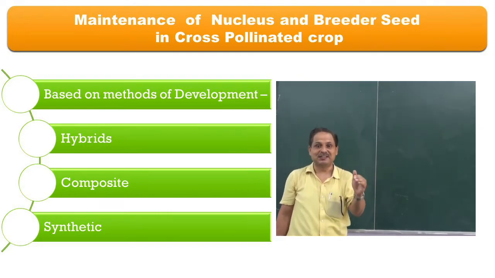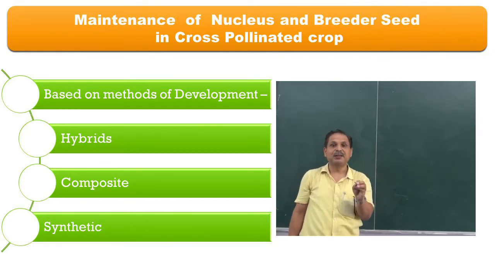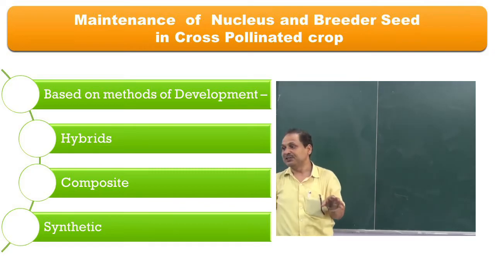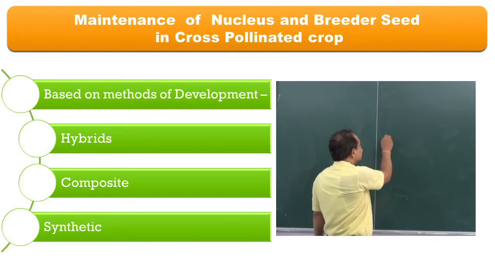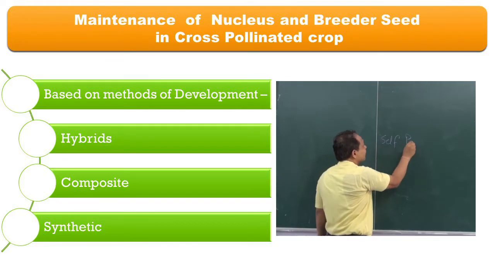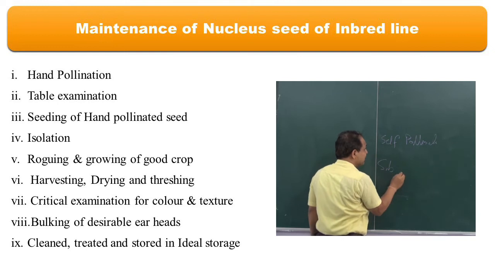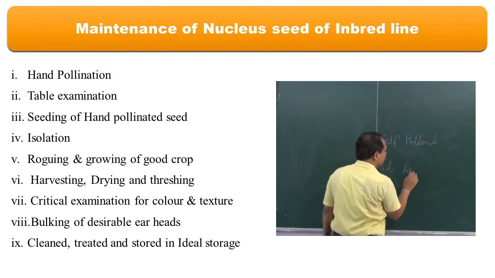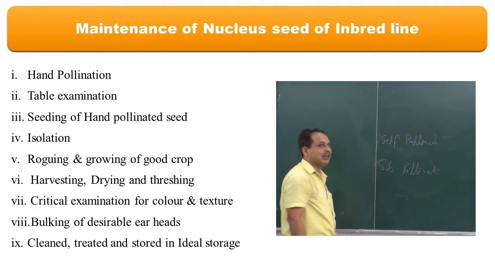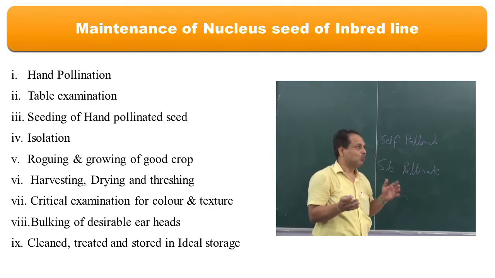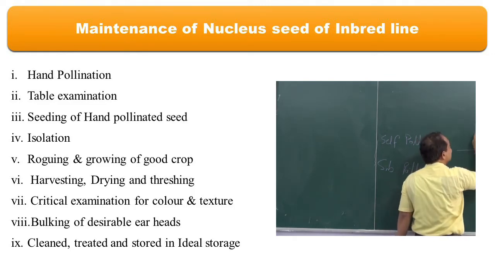There are different methods. We use the artificial method of hand pollination. There are different types of hand pollination. We can go for self pollination and sib pollination. These are two types of pollination, and the results are a little bit the same, but differ in some ways.